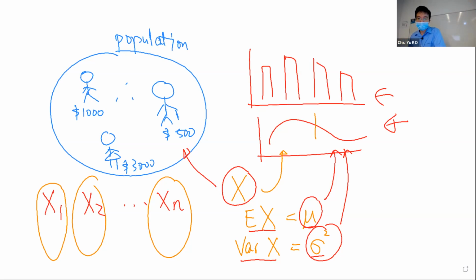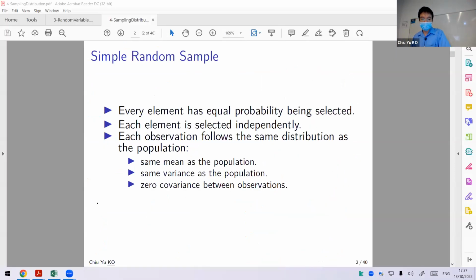But I hope it's clear what it is. When you do a simple random sample, it means that each observation will have the same mean, the same variance, and each observation has zero covariance, so they are independent, and indeed they're independent.